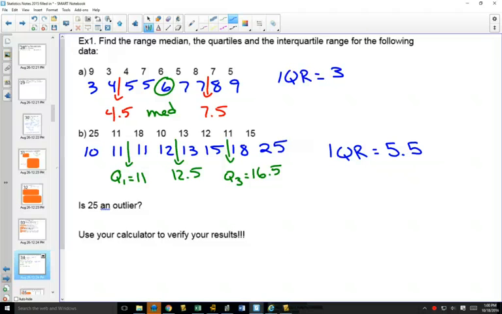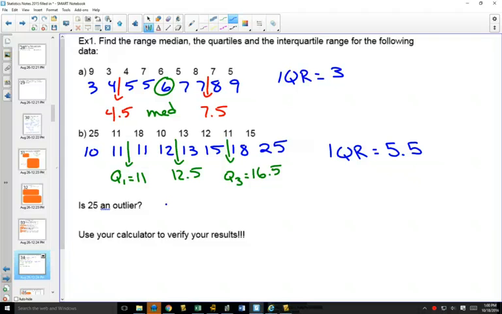Is 25 an outlier? Well, if 25 is an outlier, since that's a large value, it would need to be more than 1.5 times the interquartile range above quartile 3.